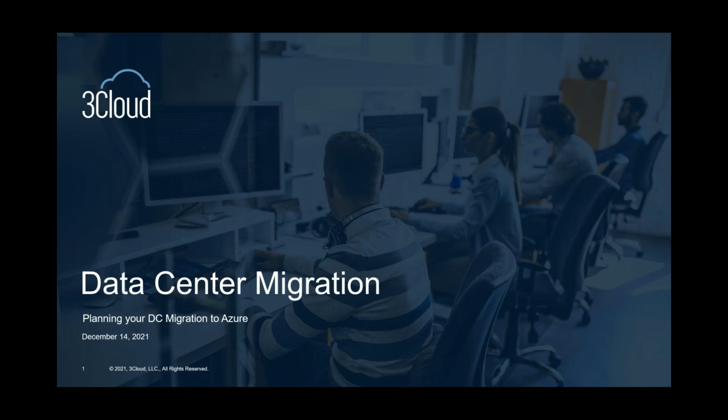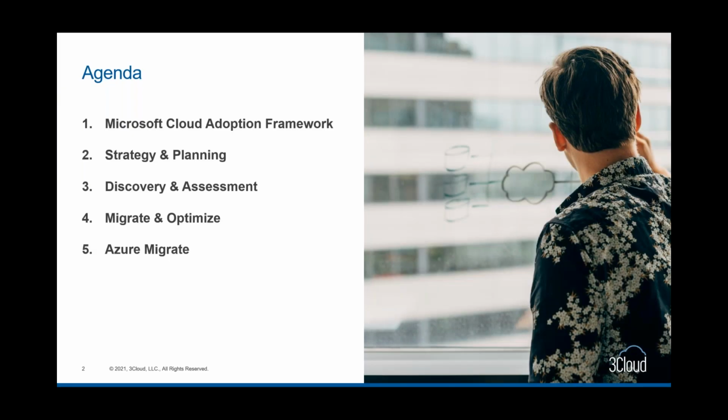So with that said, I'm going to jump into our agenda for the day, which is going to be covering, really just high level, Microsoft's Cloud Adoption Framework, the CAF, and I wanted to quickly walk through what that is for anybody that's not familiar with it. It's pretty mainstream at this point, so that should be a little bit of a review for most.